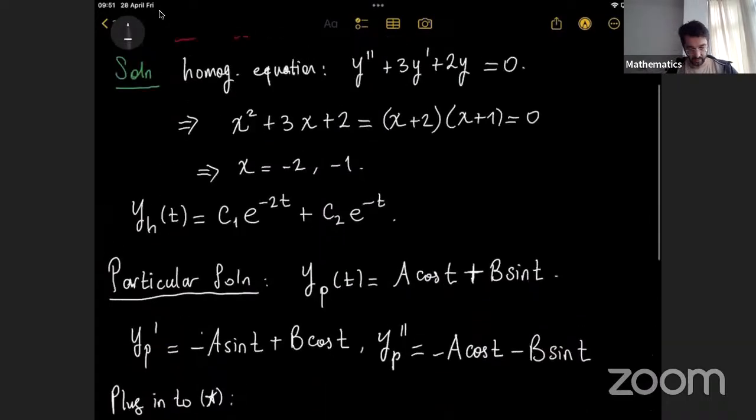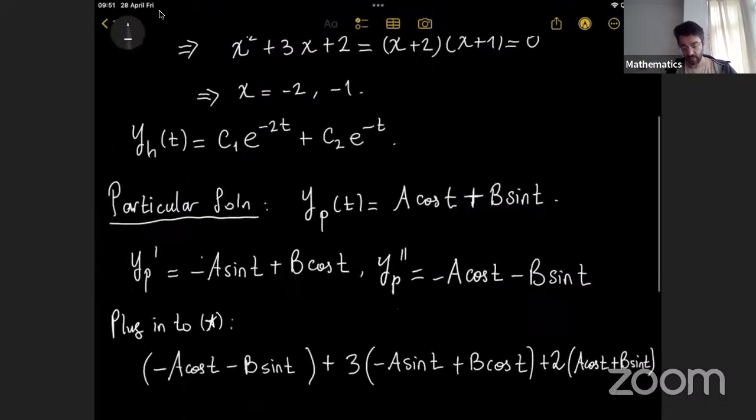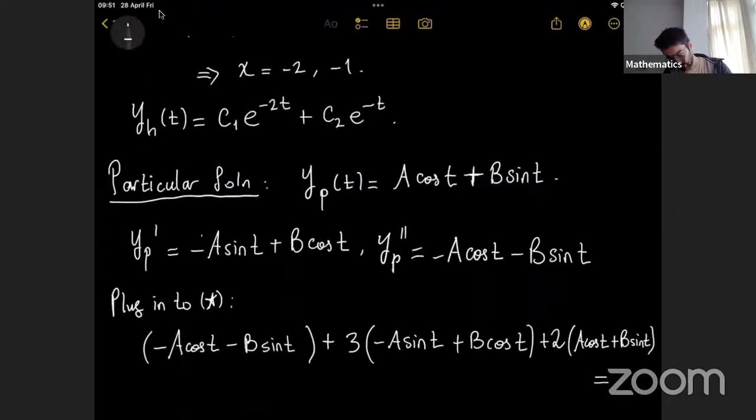The right-hand side is cosine t, so it's equal to cosine t.